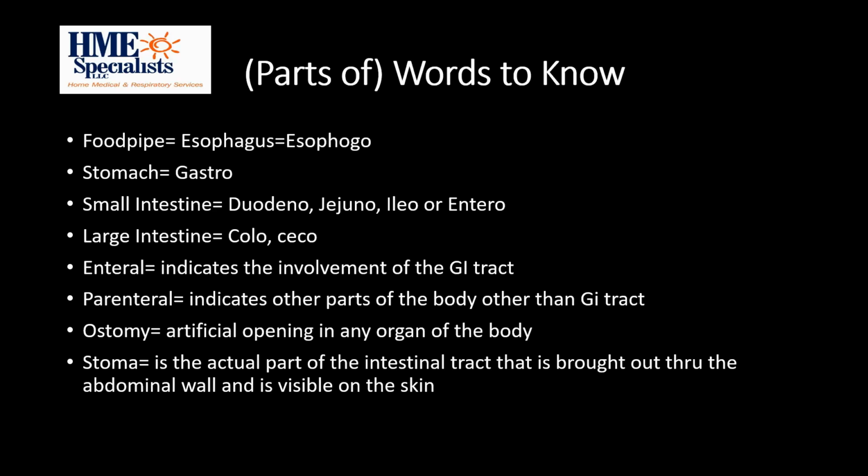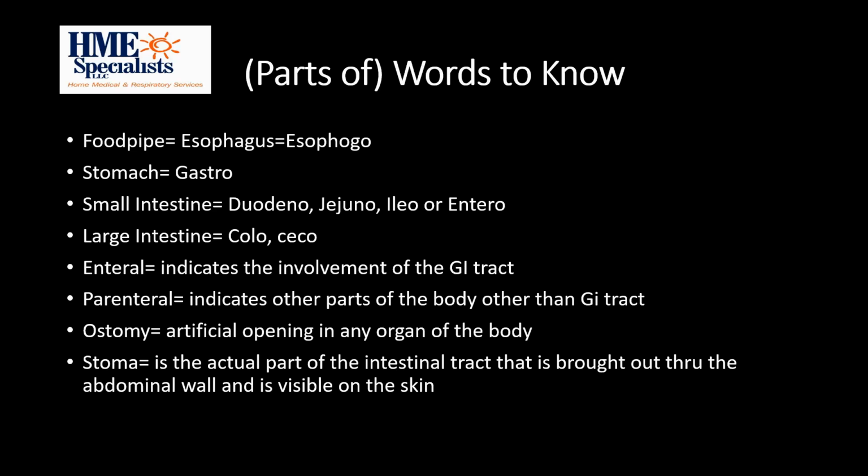Some other words to understand: there is a term called enteral, which perhaps you've heard about when it comes to nutrition, and that just indicates the involvement of the whole GI tract. So enteral nutrition is nutrition that goes into the GI tract. The next word you will not hear about frequently, but it's called parenteral, which means other parts of the body other than the GI tract, and usually that implies things going into your intravenous system or the veins, as in parenteral nutrition.